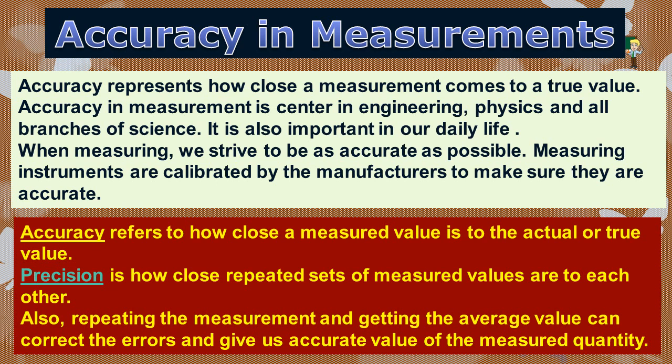Also, taking the measurement repeatedly and getting the average value can correct the errors and give us an accurate value of the measured quantity. The scientists try to avoid error in measurement by following the correct procedures for using measuring tools and by measuring multiple times.